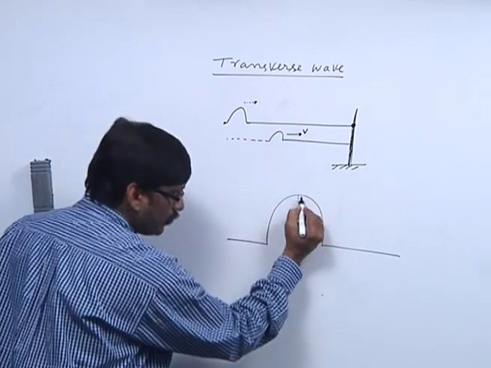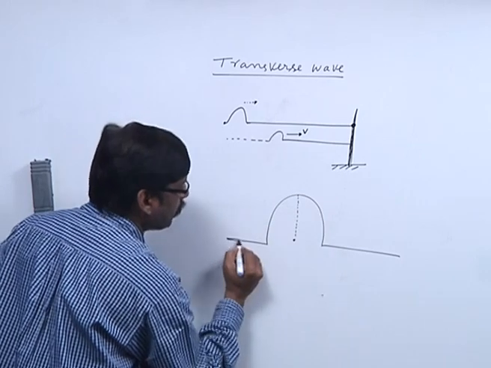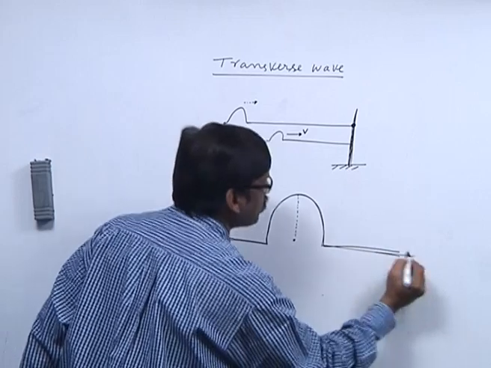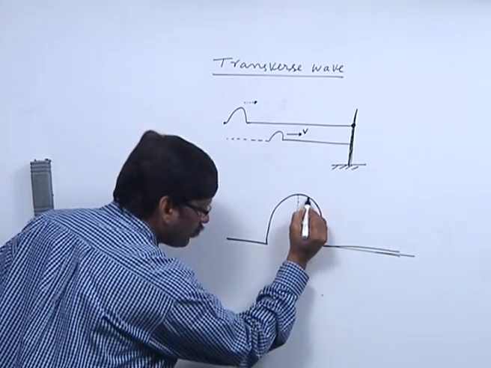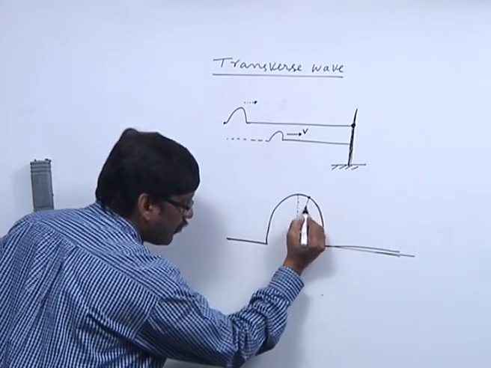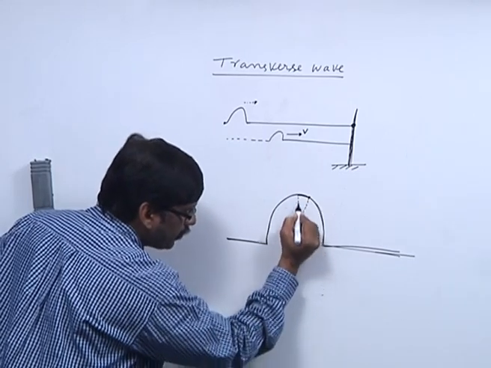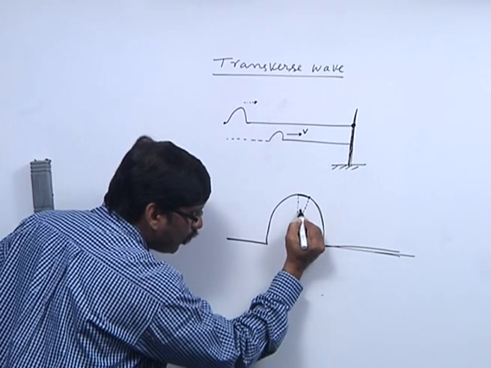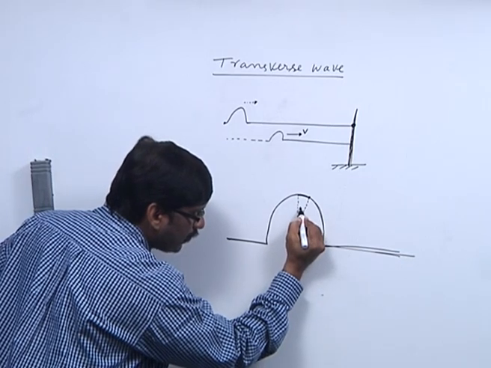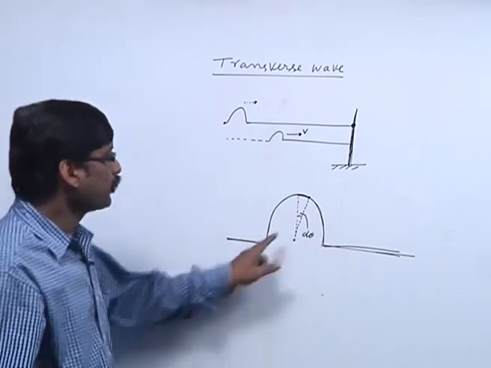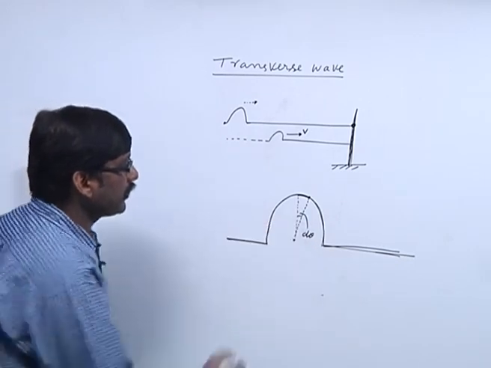Let us take the small element of the pulse which is traveling along the string. This small element subtends an angle d theta.